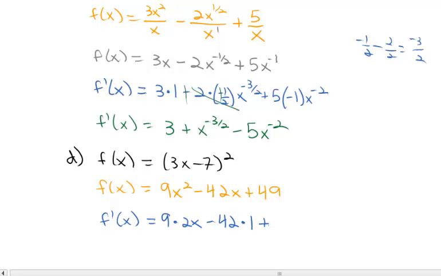Plus the derivative of 49. 49 is a constant, so that's going to be 0. Clean it up. We've got the derivative of f of x is equal to 18x minus 42.